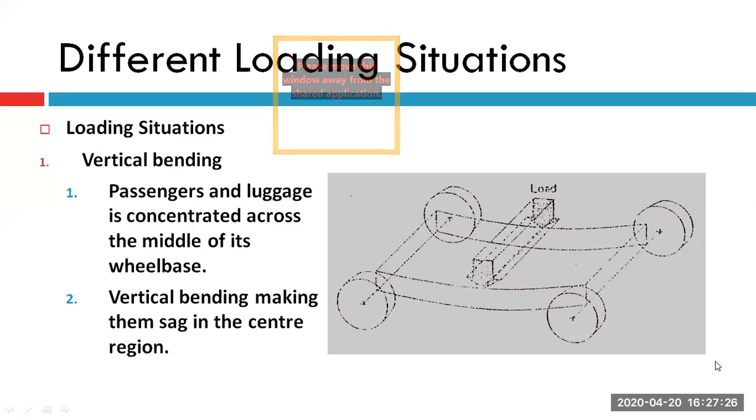Vertical bending is going to make the chassis sag in the central region. Because of this type of load, the chassis is going to feel the load at maybe the CG, center of gravity, or at the middle, and it is going to bend. That's the reason why the chassis has to be strong enough to sustain this type of loading. Okay, so we'll go ahead and check out other loading situations.